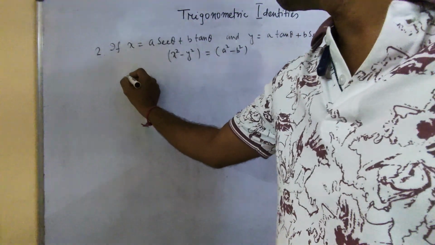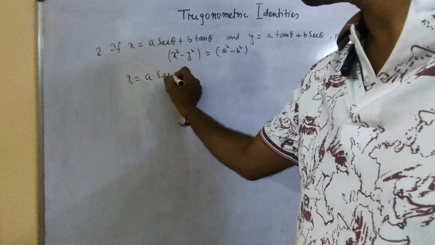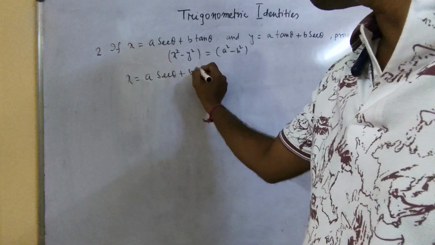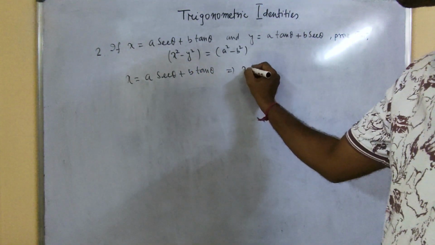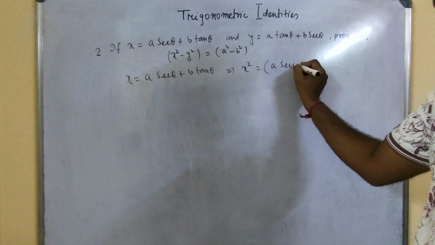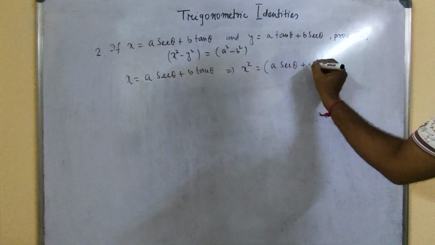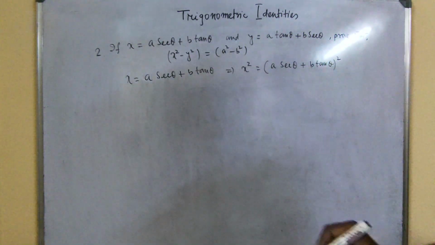Given that x is equal to a sec theta plus b tan theta, squaring both sides, x square is equal to (a sec theta plus b tan theta) whole square.